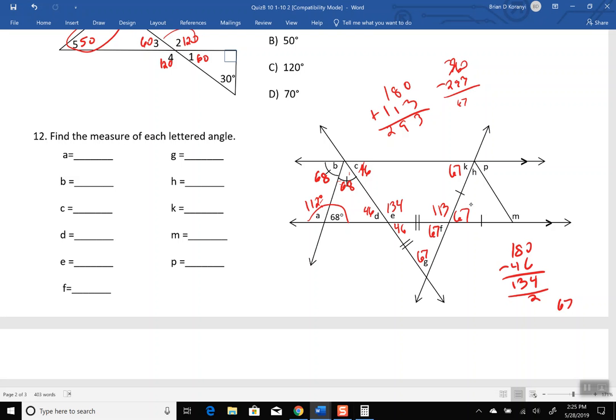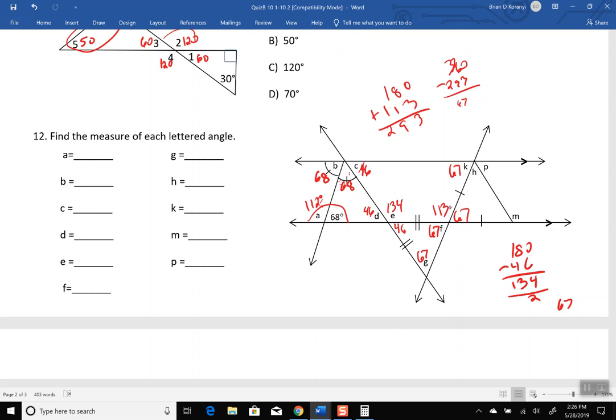I know that these two sides are equal, so these two angles must be equal to each other. So let's see. Is there anything else we could do to help us out? Anything else that would be interesting?